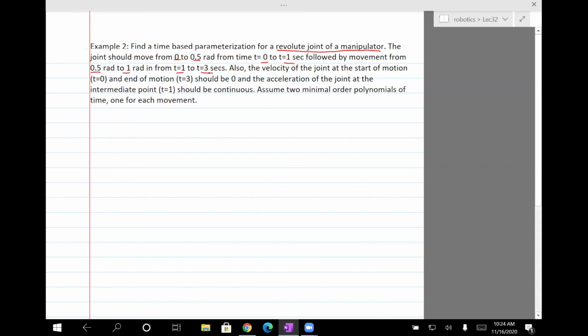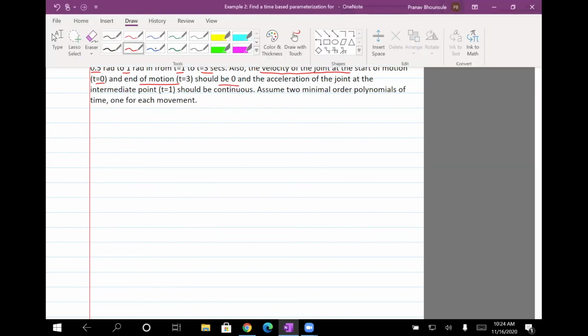Nothing has changed from the previous question. The layout so far is the same. Also, the velocity of the joint at the start and end is the same. It is 0.